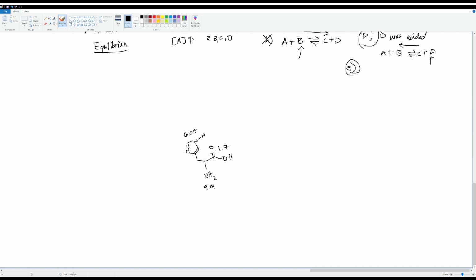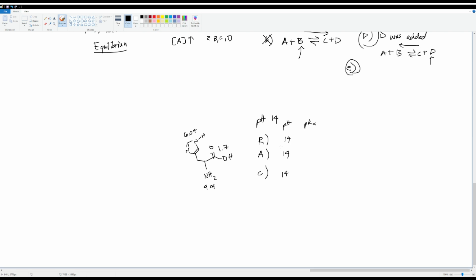Question 9 asks for the correct charge for histidine at pH 14. So at pH 14, let's go through. We have our R group, our amino group, and our carboxyl group. Okay, our R group. Our pH is 14 for all of these.